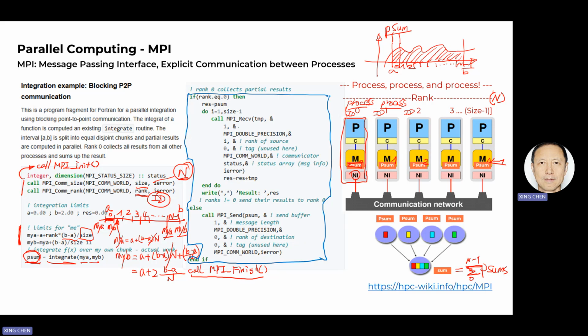We just need to read through this to understand. There is a note here that rank 0 is going to collect partial results, is going to collect p-sums. Here, each MPI process is going to go through these lines of code. The first one, we are going to go through this if. If rank equals 0, that means if I'm rank 0, what I'm going to do is here.